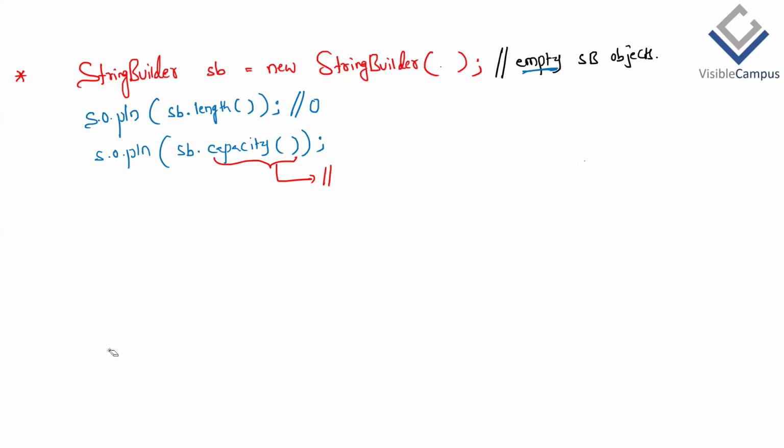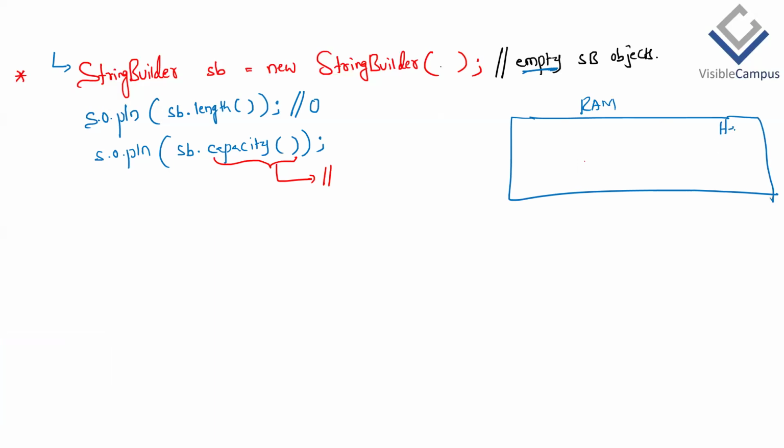First, when the JVM executes this line of code, what will happen in memory is, inside RAM, the object memory is nothing but the heap. Inside the heap, 16 empty cells will be created. What are the index numbers? They start from 0, 1, 2, and so on.